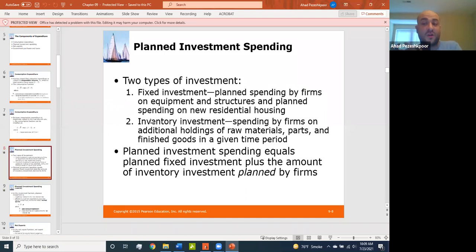This is what I saved in my inventory, spending by firms on additional holdings of raw materials. Raw materials you need to produce. You put them in a warehouse, in an inventory, you save them. That's also investment because you're expecting a return on this. And it's a real thing.